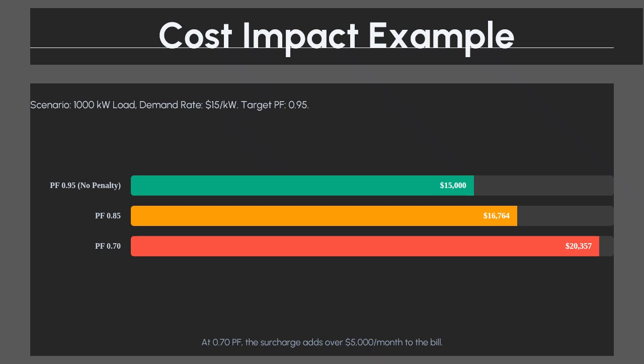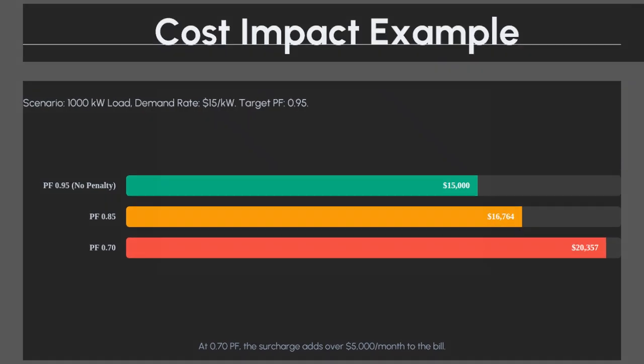If the power factor drops to 0.85, the demand is inflated, and the bill rises to nearly $16,800. Critically, if the PF drops to 0.70, the utility bill demand jumps, and the total cost exceeds $20,300. This low efficiency results in a penalty surcharge of over $5,000 per month, pure wasted money.